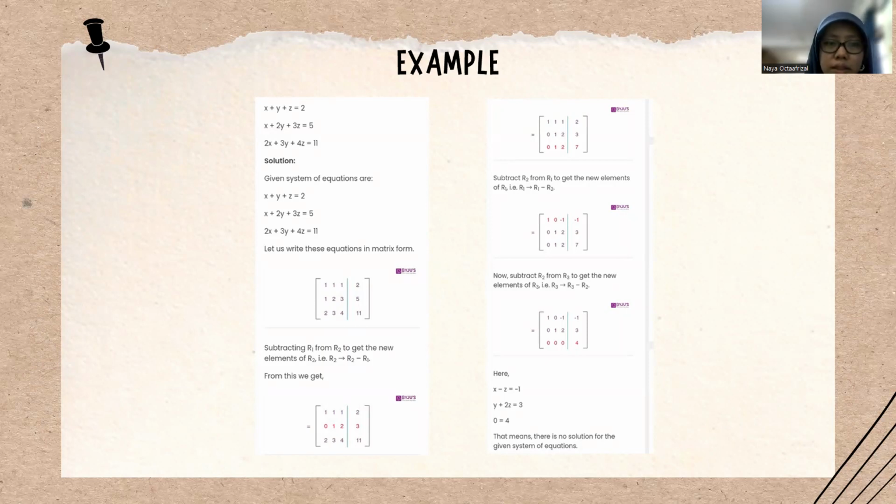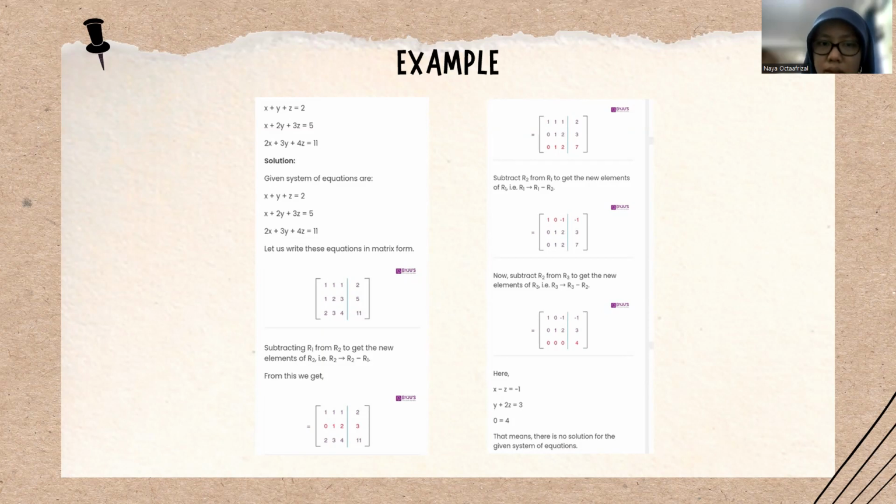Then we subtract R1 from R2 to get the new elements of R2. From this, the matrix becomes 1, 1, 1, 2, 0, 1, 2, 3, 2, 3, 4, 11.